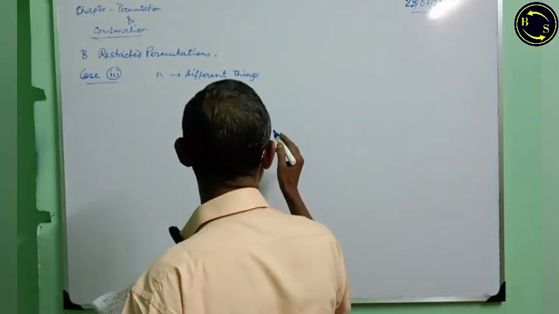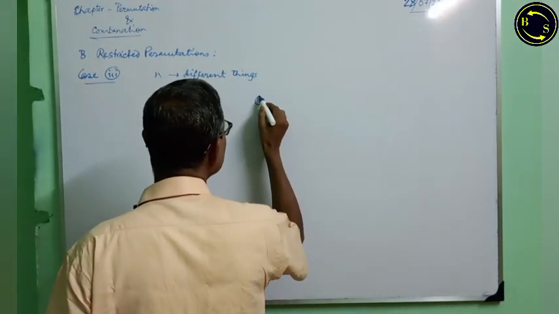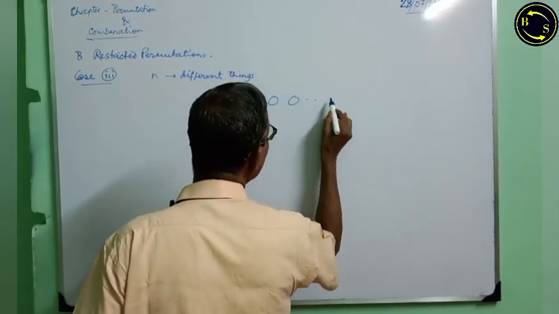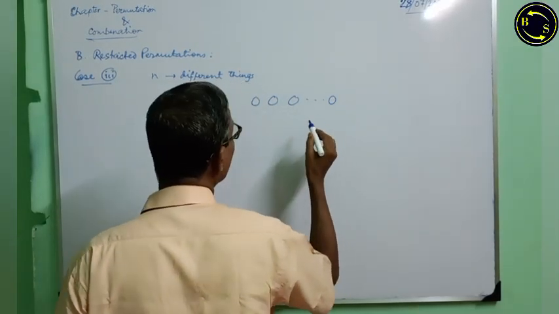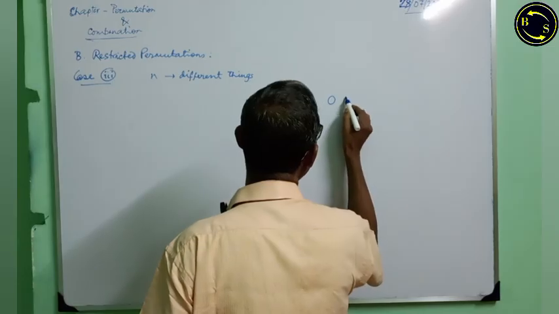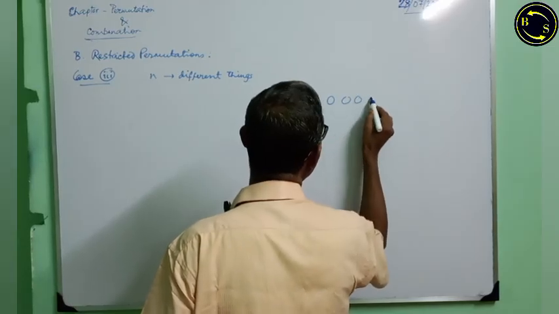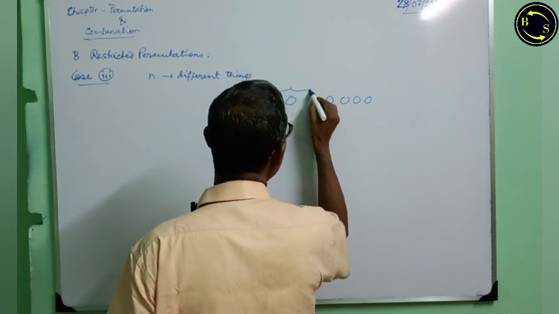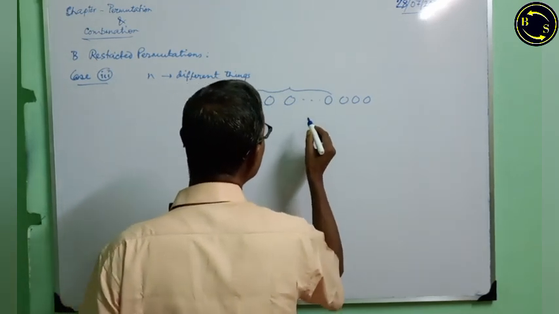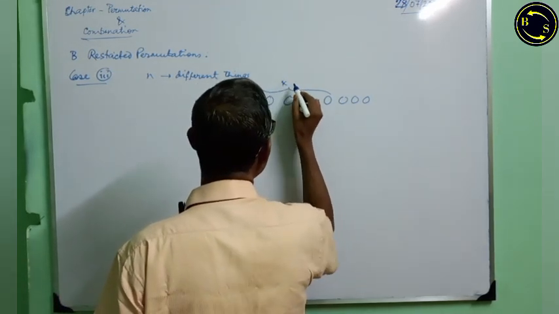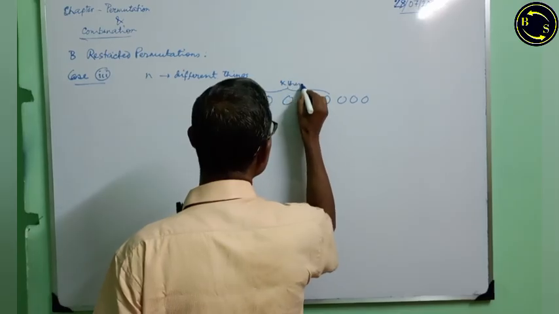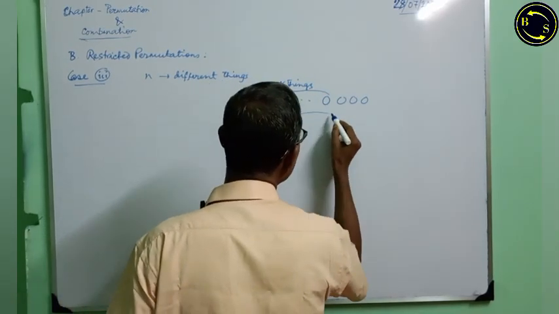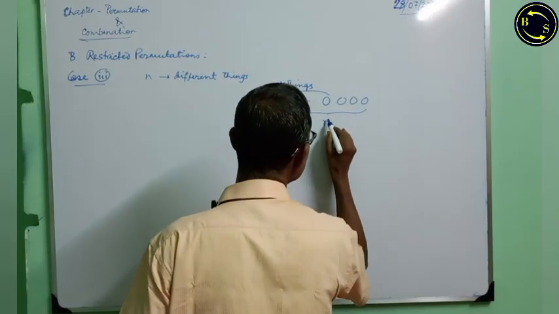Let me draw these diagrams. Say these are K things out of R things.